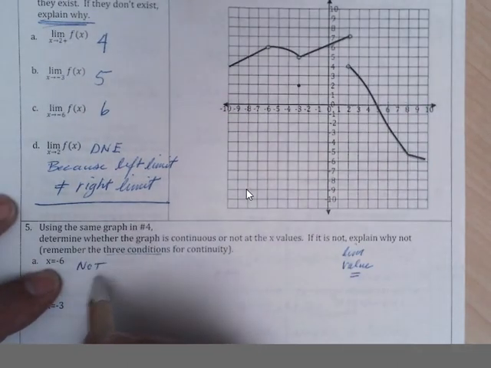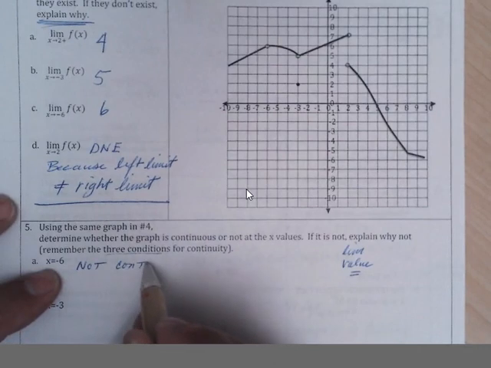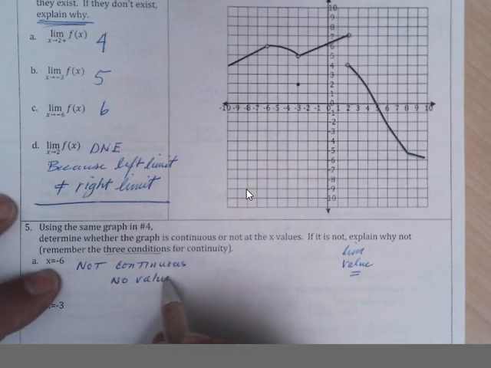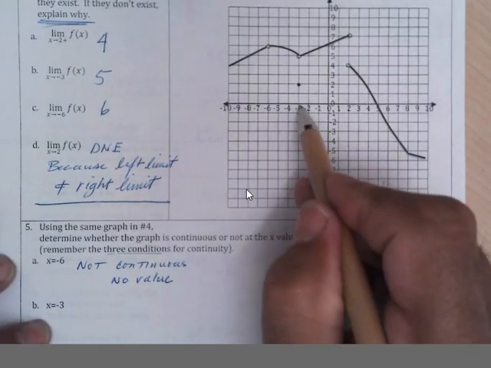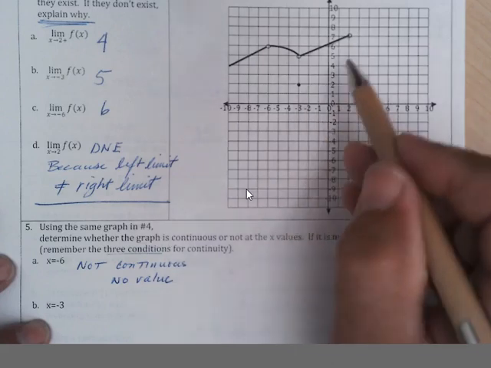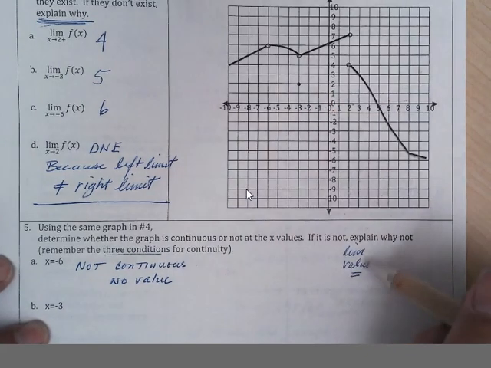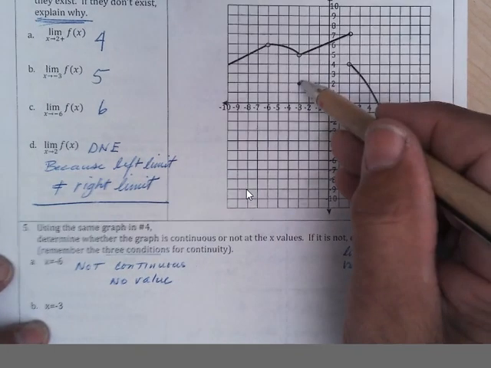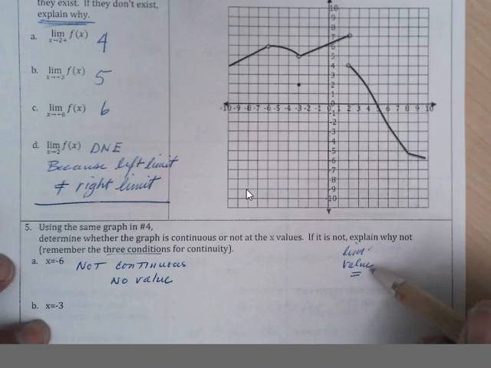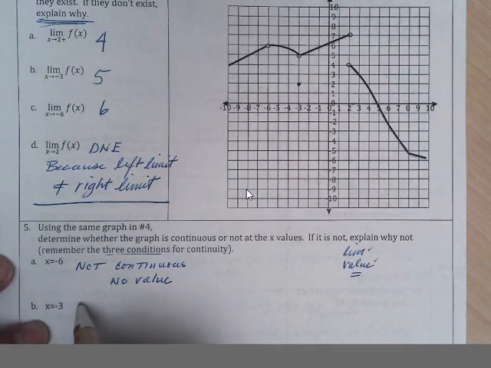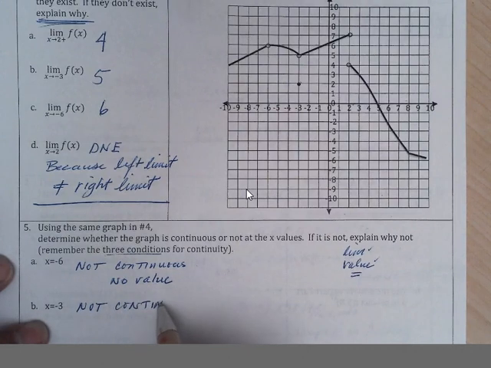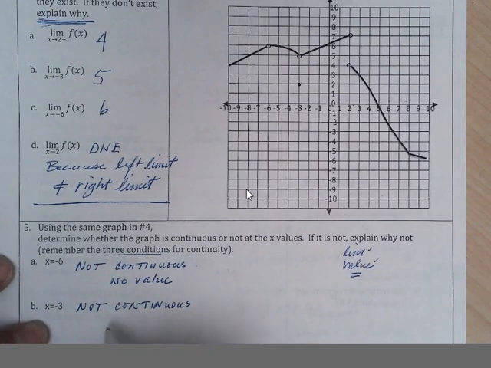So it's not continuous because there's no value. At -3, it has a limit, it's 5. It has a value, 2, but it's not continuous because the limit does not equal the value.